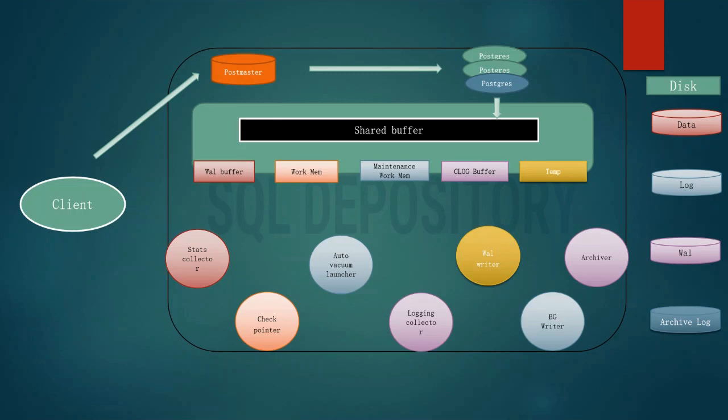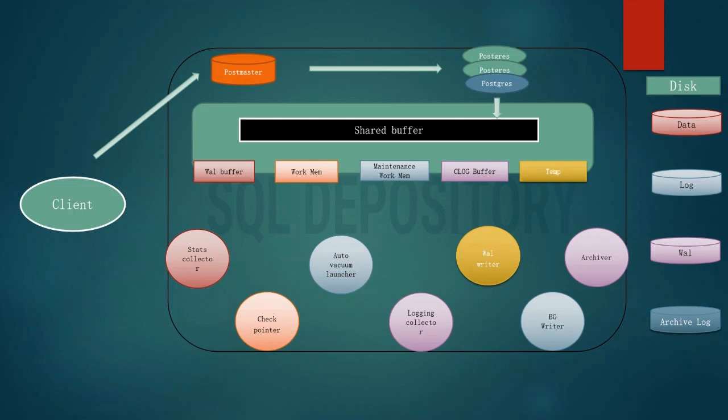Then you have the auto vacuum launcher, which will defragment all your bloated tables. Bloated tables are nothing but fragmented tables which have lots of space, so it will release all that space and defragment the table. This is exactly what this process does. Then you have the logging collector, which will collect the logs, mainly the error logs related to your instance.